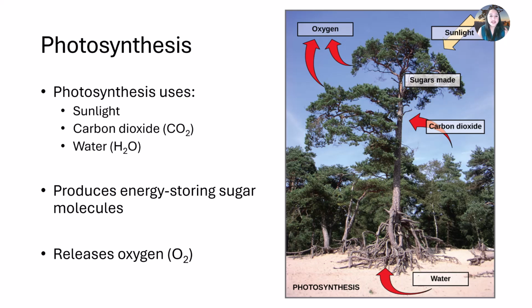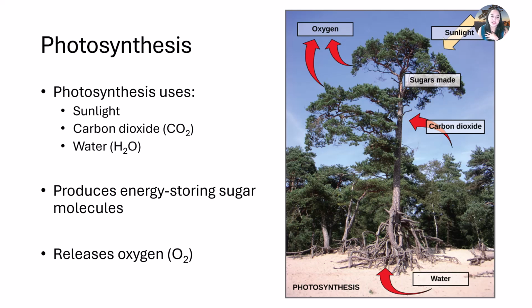Photosynthesis has a lot of different steps and two big phases, but as long as you get the big picture, that photosynthesis uses sunlight, carbon dioxide, and water, which get broken down and rearranged to make energy in the form of sugars. So this is what gets used, and this is what gets made, the sugar molecules.